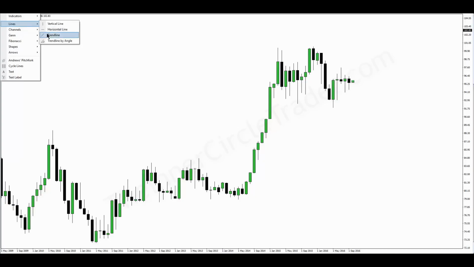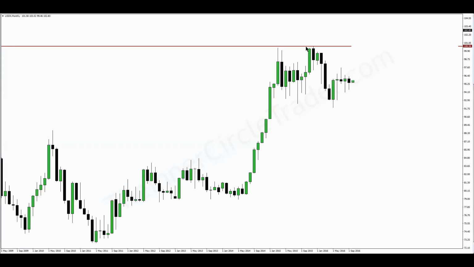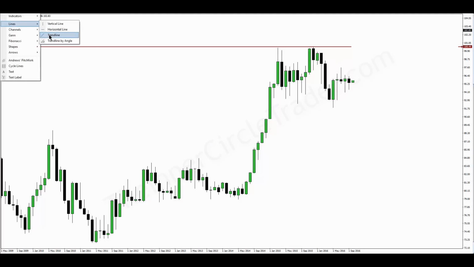So you take a look at the resistance levels you see here. We have equal highs here. And price came down and hit a level of support.